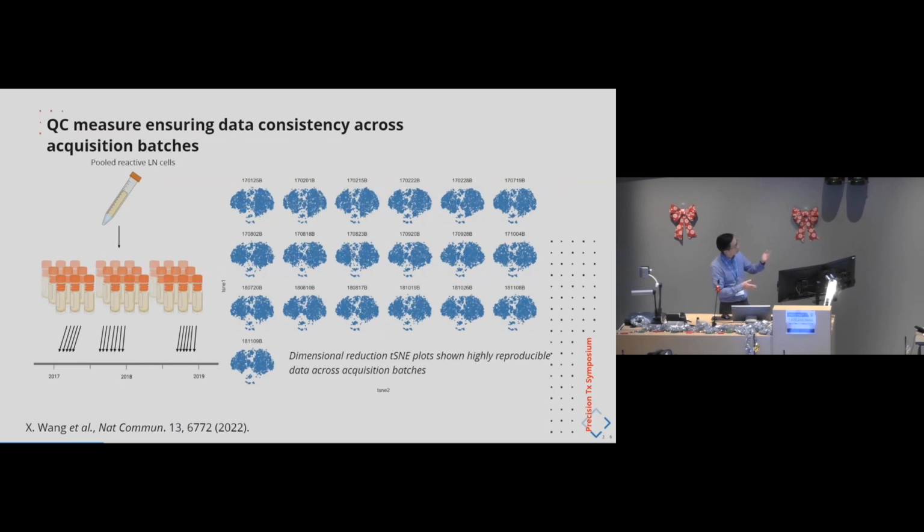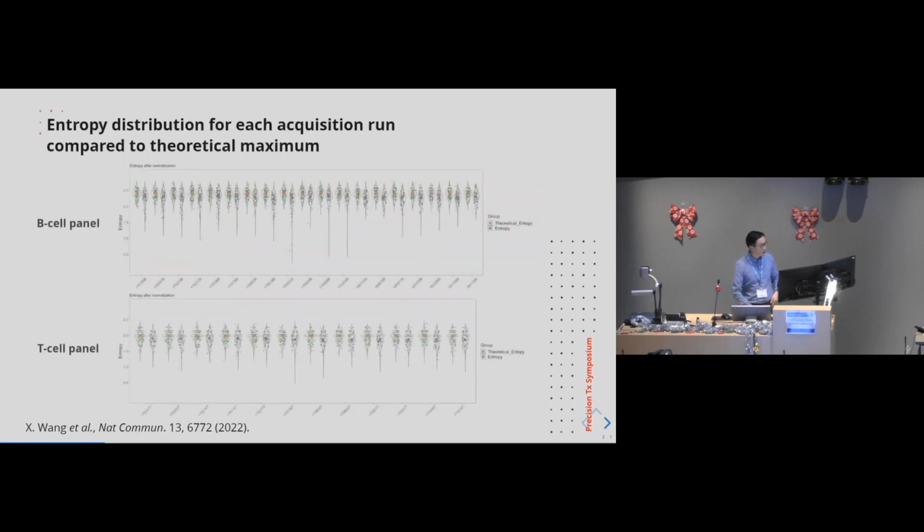From 2017 to later 2018, based on the dimension reduction process, everything looks very similar to each other, just to be sure that we are collecting very consistent data. And there's also a quantitative measure. Here we use entropy.